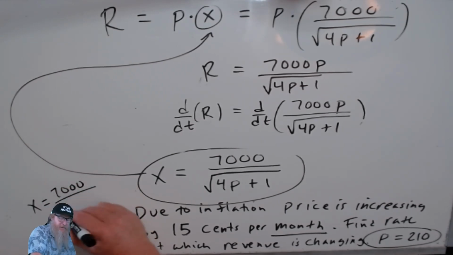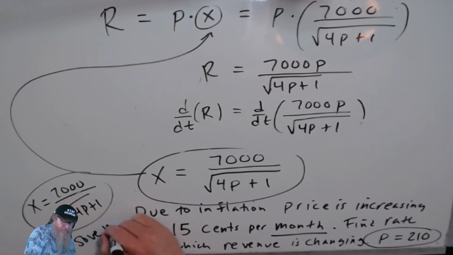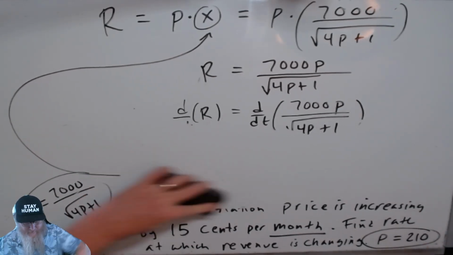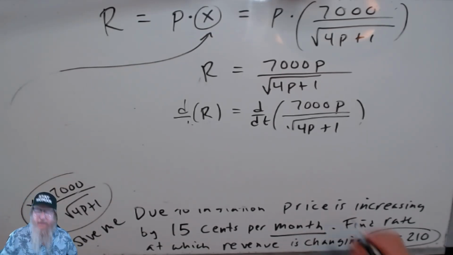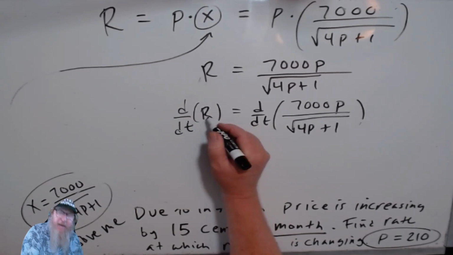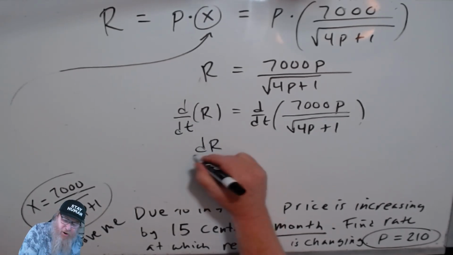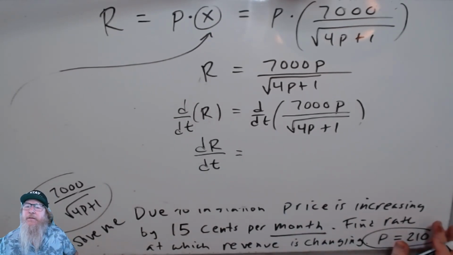I'm going to erase it for a moment, but save it over here. Okay. So the derivative with respect to time of the revenue is just called dR/dt.